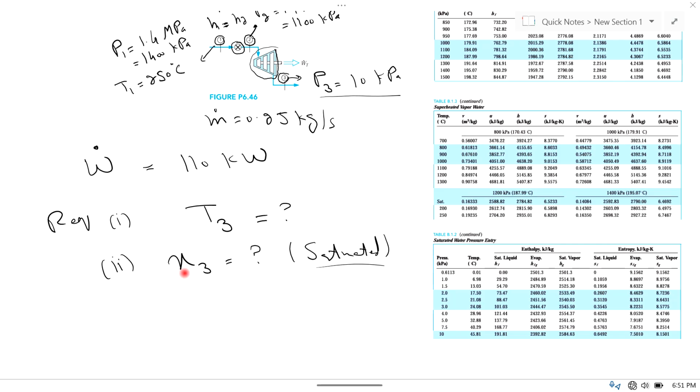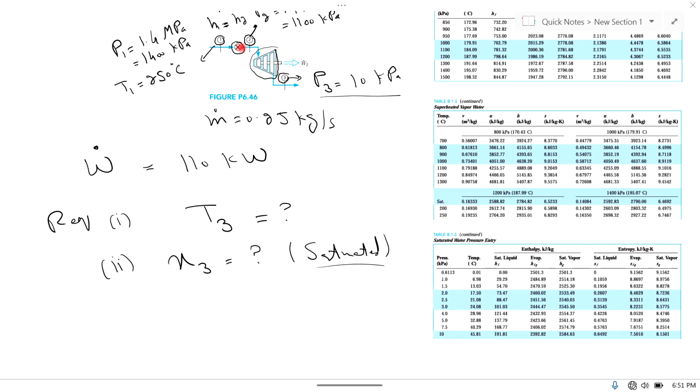Now with the help of the throttling process from 1 to 2, we can find enthalpy. If we find enthalpy at point 1 or at point 2, then at both states the enthalpy will be equal.